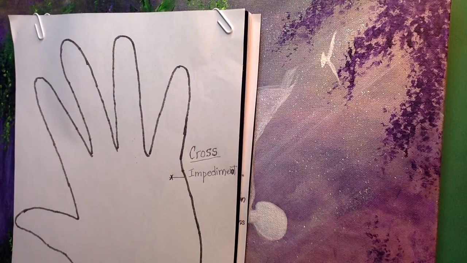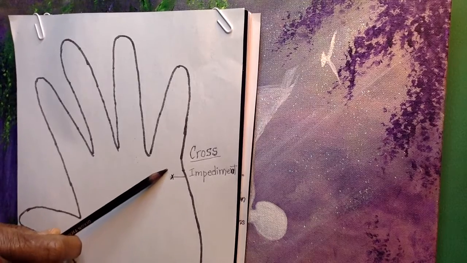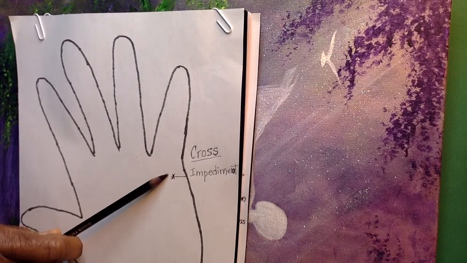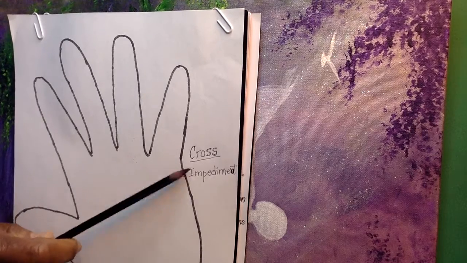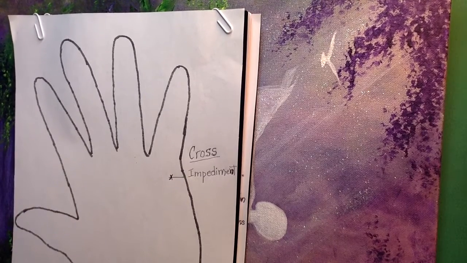Let's look at the cross. Here is the line of affection. The cross is at the end. And I put here keywords to help you realize what it means. So if a cross is seen on the line of affection, as indicated in front of you, there will be a serious impediment to the affection.